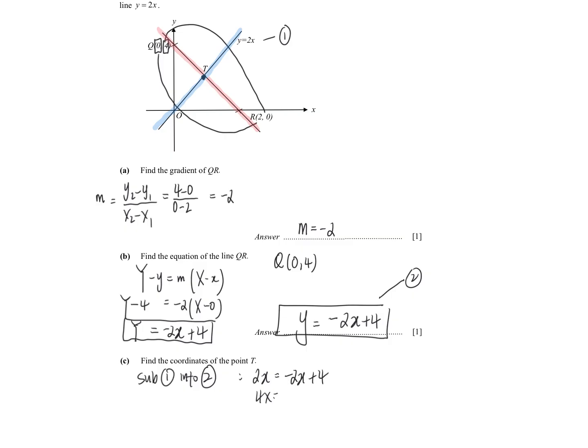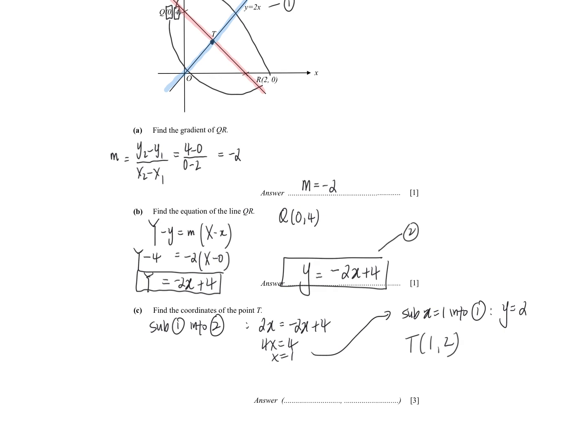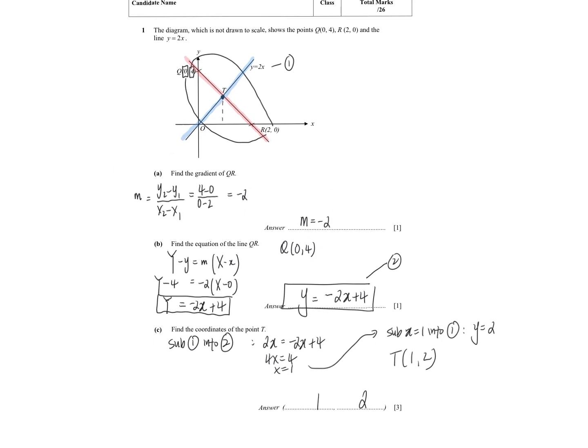So 4x is 4, x is 1. Once you solve for x, you can sub x into equation 1. So y is 2. So T is (1, 2). X is 1, y is 2.